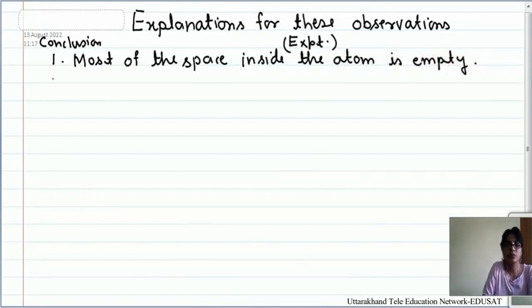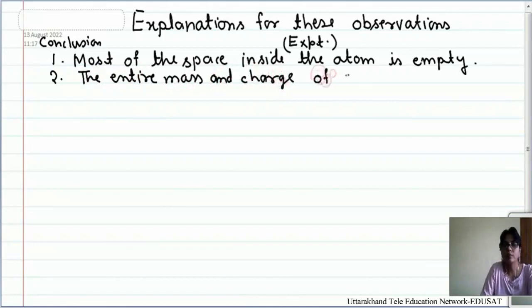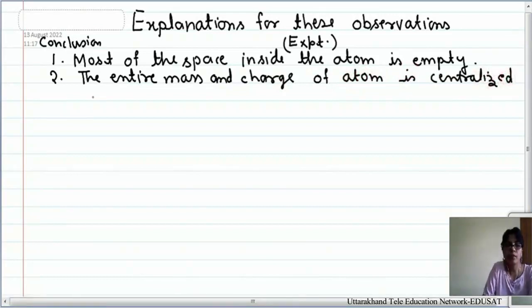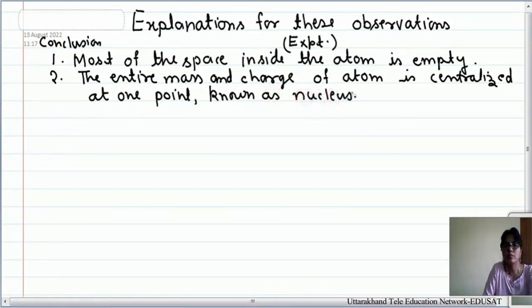Another conclusion is that the entire mass and charge of the atom is centralized at one point known as the nucleus. So this model is drastically different from the Thomson model.